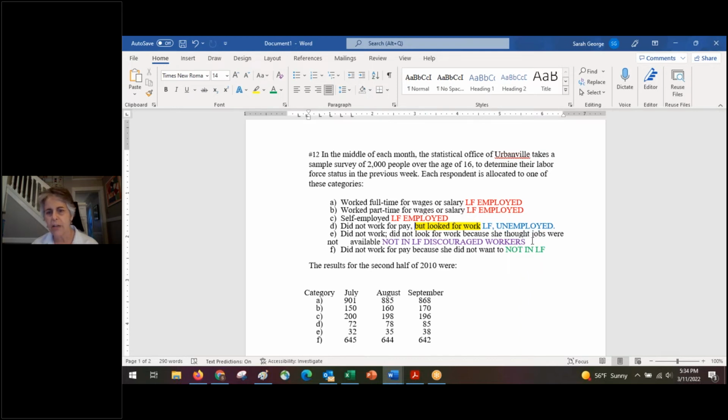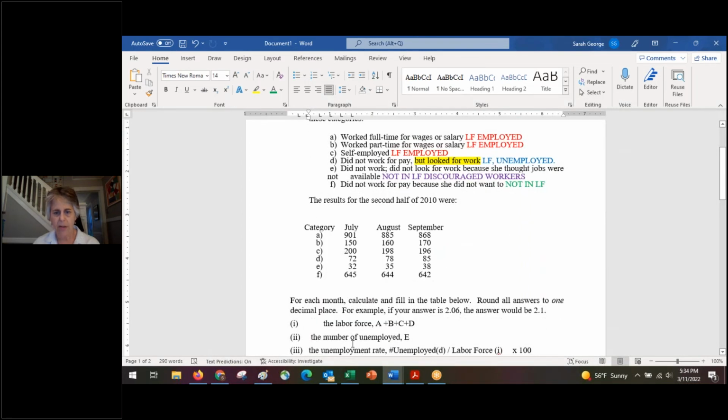So when you want to calculate your numbers, you're going to go down here. For the labor force, you're going to add together everybody up here that we identified as the labor force. Those are 4 groups, A, B, C, and D. That's your labor force. The number of unemployed people, the only people that are counted as unemployed is D, did not work for pay, but looked for work.